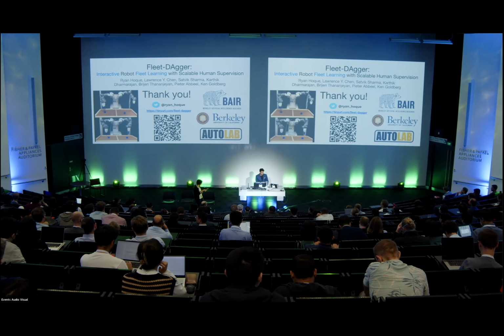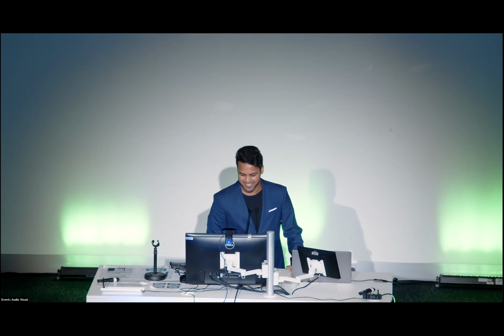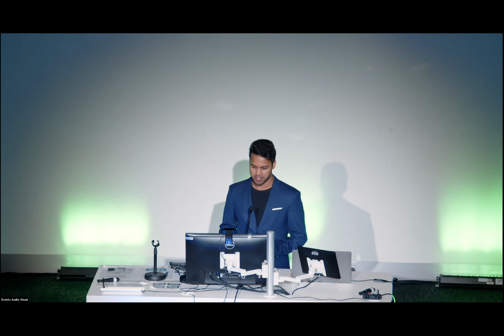Yeah, that's a great question. Actually, Dorsa has a paper at this conference, a plug there, on multi-human imitation learning. Humans are noisy, obviously, and that's maybe the biggest problem with imitation learning, and maybe interactive fleet learning even more so because there are multiple humans. The main problem is that they're multimodal and suboptimal.